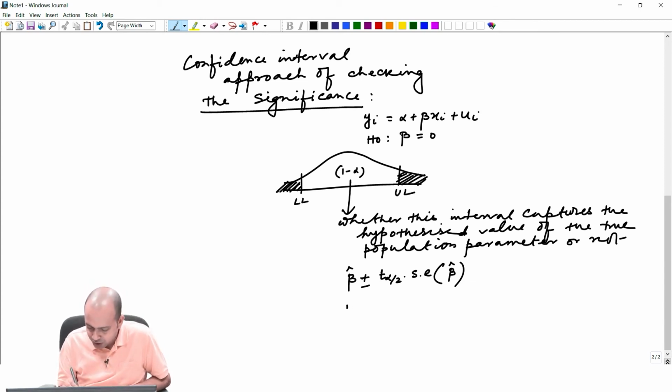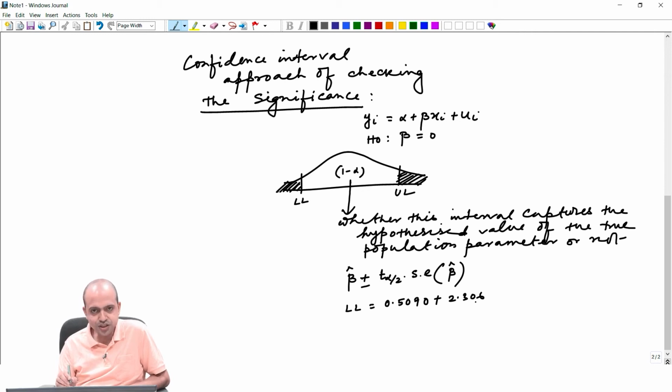So, that means lower limit of the interval equals 0.5090 minus, what is T alpha by 2? 2.306, and what is standard error of beta hat? That is basically 0.0357.